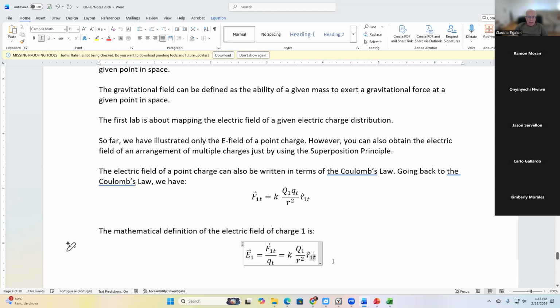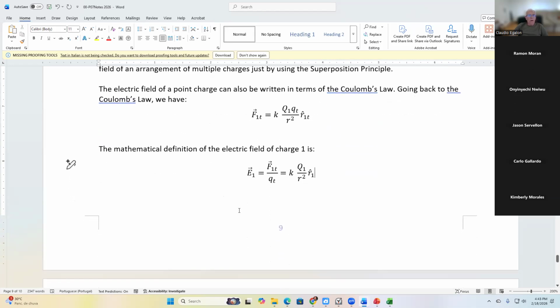Okay, and now I can drop this T from the formula, because I don't need that anymore. There's no test charge here on the right side. That's the mathematical equation for the electric field of a point charge.